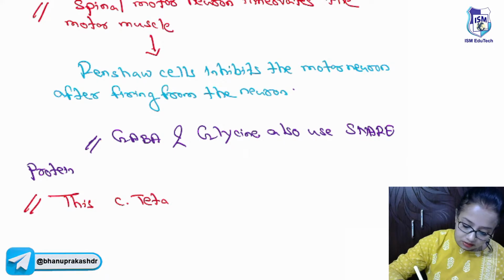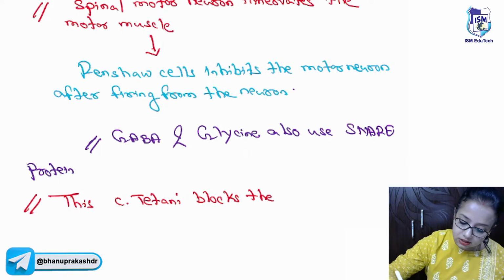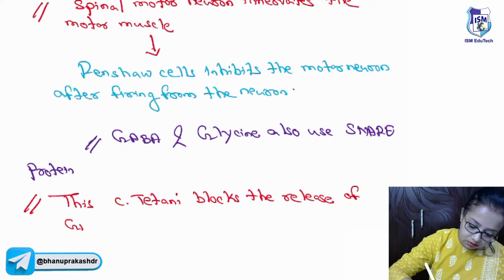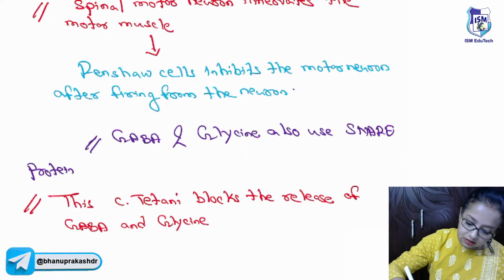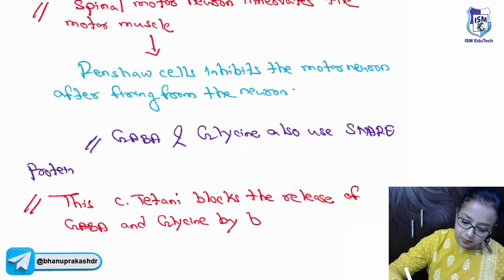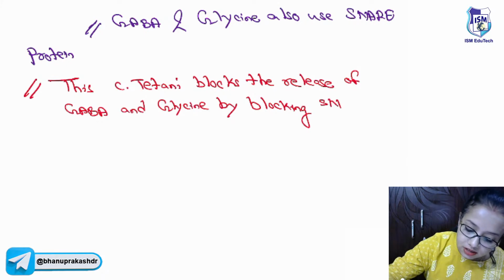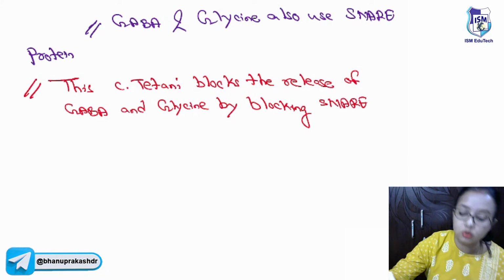So this Clostridium tetani blocks the release of GABA and glycine by blocking the SNARE protein.